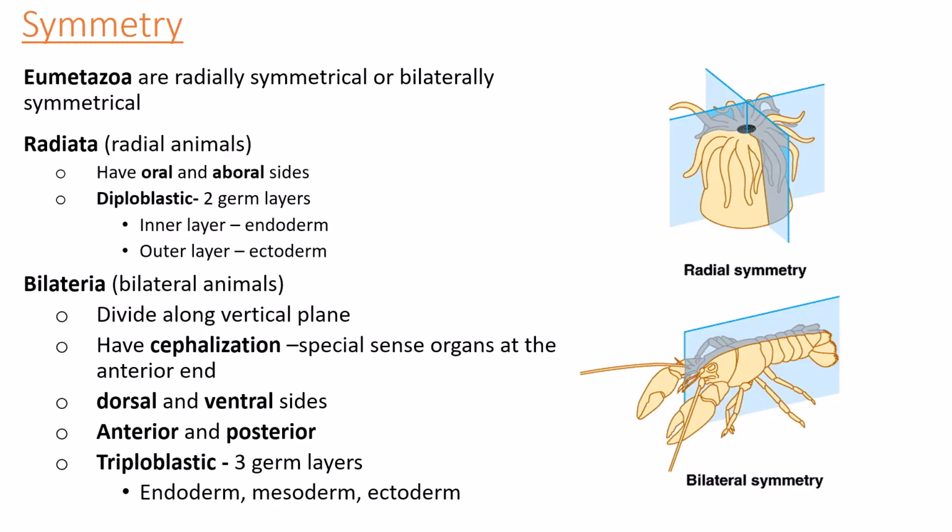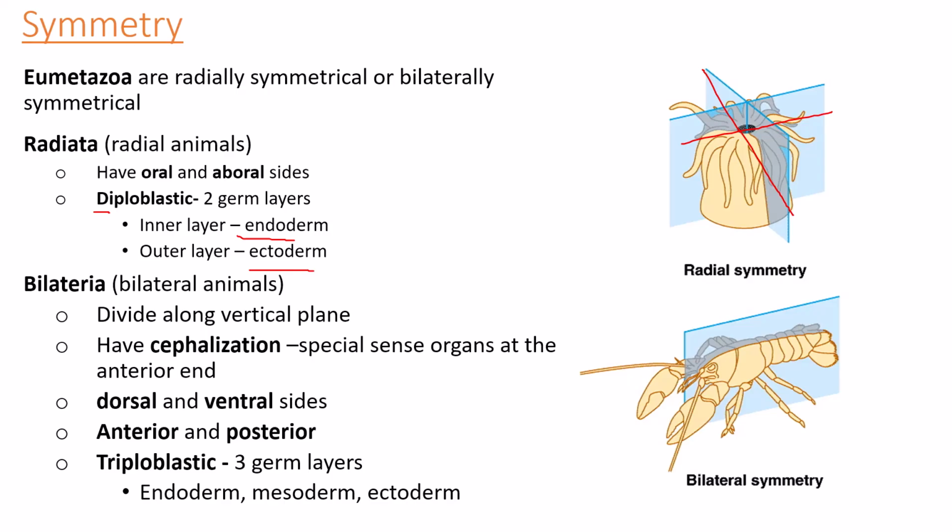Where they can be cut across any plane here, and they're the same on both sides. They have oral and aboral sides, and they are diploblastic. That root word di means two, so they have two germ layers. They have an endoderm for their inner layer of tissue and an ectoderm for their outer layer of tissue.